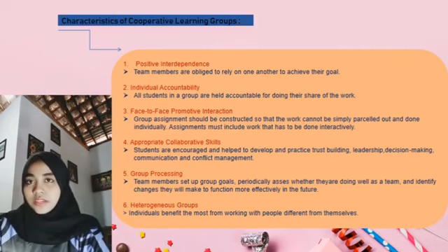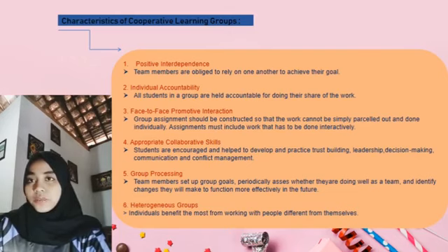It is only under certain conditions that cooperative effort may be expected to be more productive than competitive and individualistic efforts. These conditions are positive interdependence, individual accountability, face-to-face promotive interaction, appropriate collaborative skills, group processing, and heterogeneous groups.